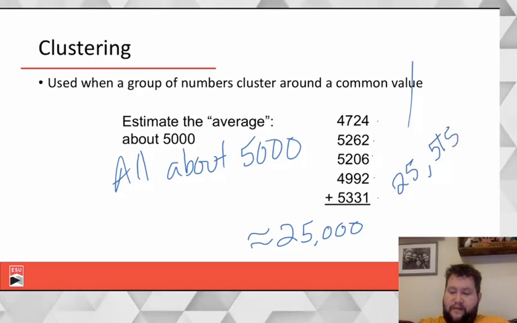So we were off by about 500, but if we're talking about 25,000, that's not so far off.